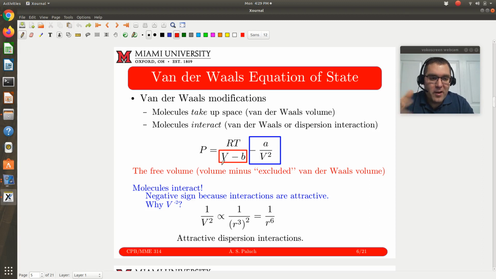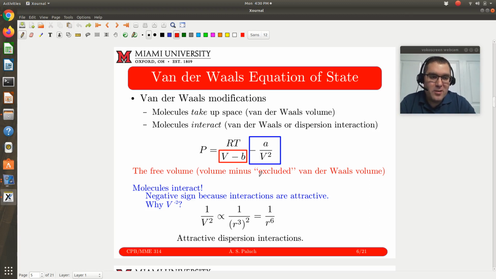So van der Waals adds this term to account for the fact that molecules occupy space, and then adds this term to try and account for the fact that molecules interact. Again, we call it semi-theoretical in that there's some physical intuition, or some theory, in the case of that attractive term, for the form of these terms, where these come from.